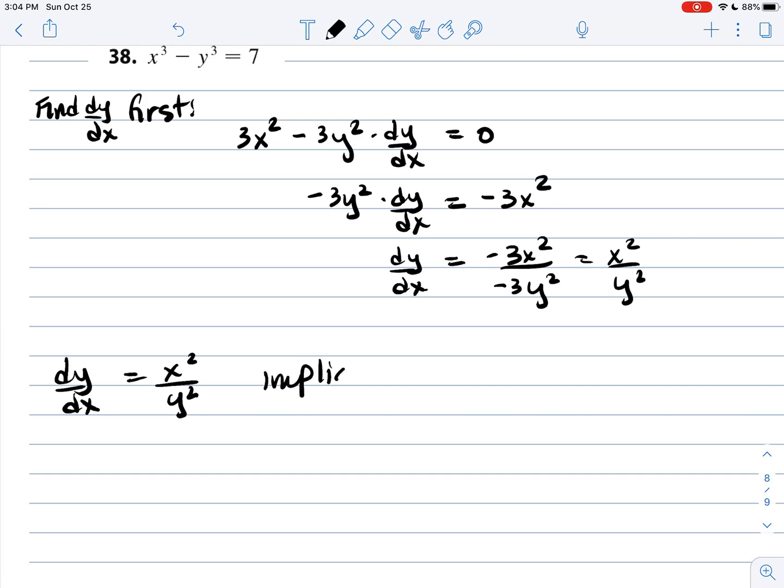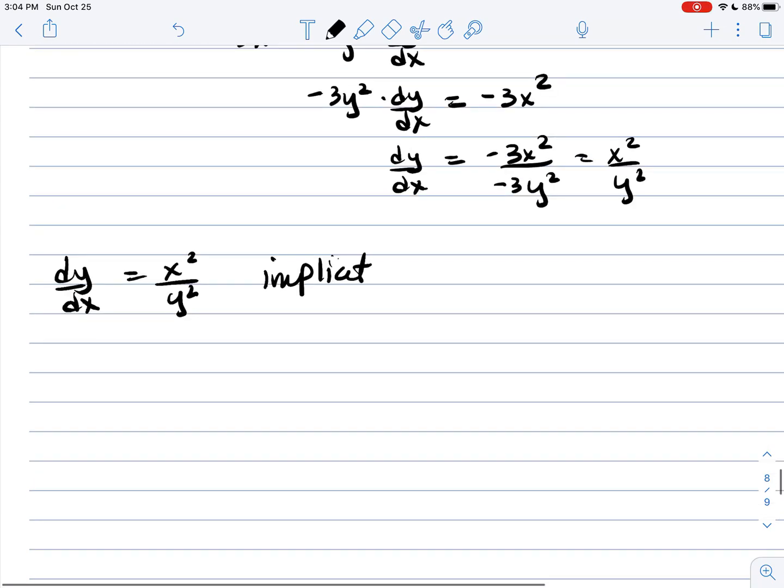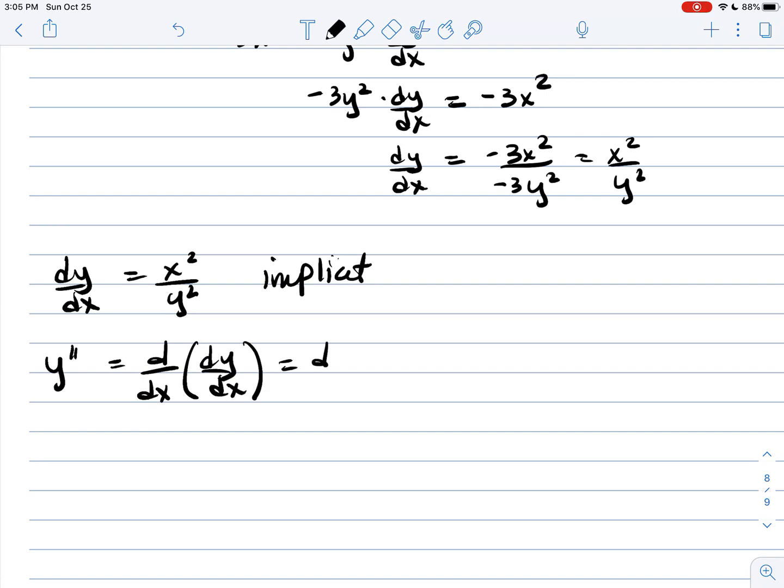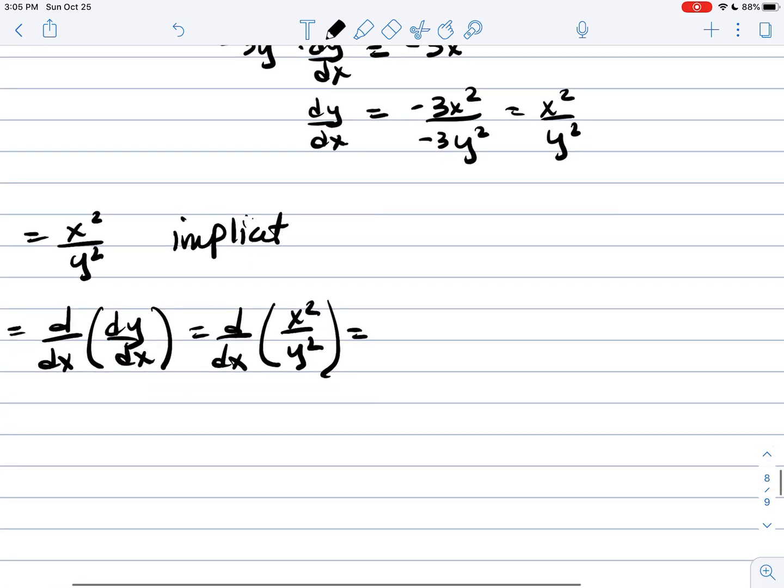So if I have dy/dx equal to x squared over y squared, this is still implicit, okay? So when I take y double prime, that's going to be the derivative with respect to x of dy/dx, and that's the derivative with respect to x of x squared over y squared. And again, we have the quotient rule.